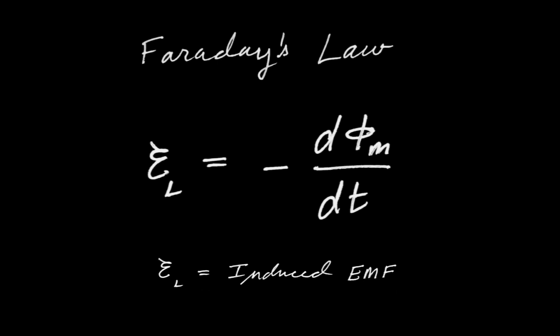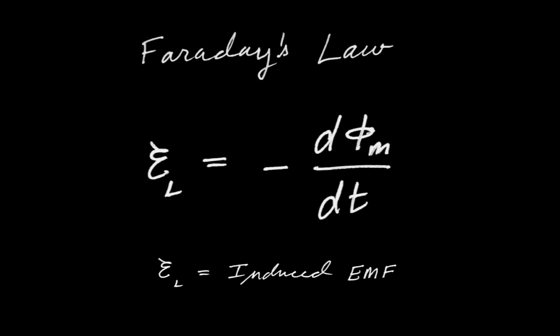This induced EMF is what causes charged particles to move through the wire. And so we observe in our experimental apparatus a current caused by that EMF. But ultimately, EMF, we know, is related to the electric field, because it's still true that a potential difference is equal to the negative of the integral of the electric field dotted into the displacement.